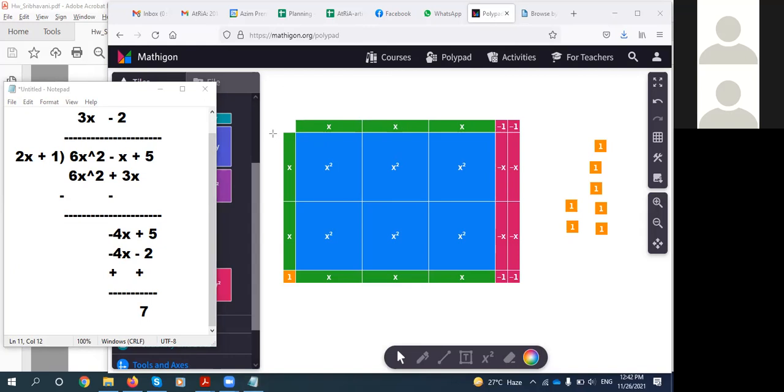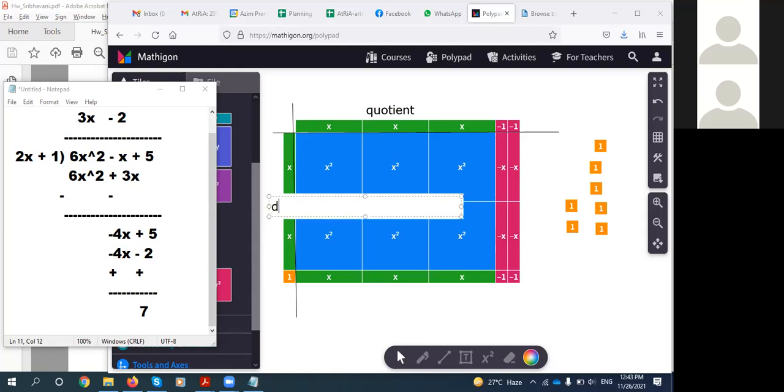So here we go. So this is the quotient. This is the divisor, as you know. This is the quotient. This is the divisor.